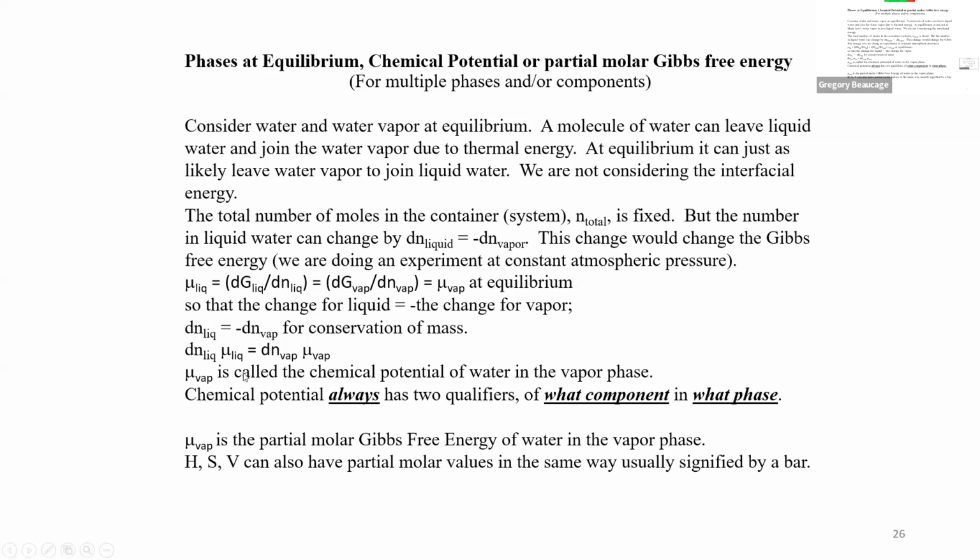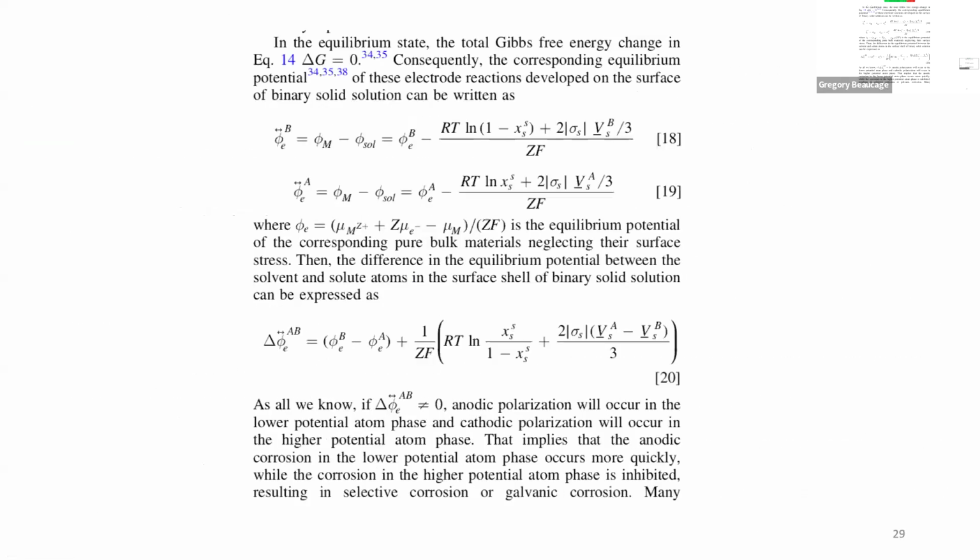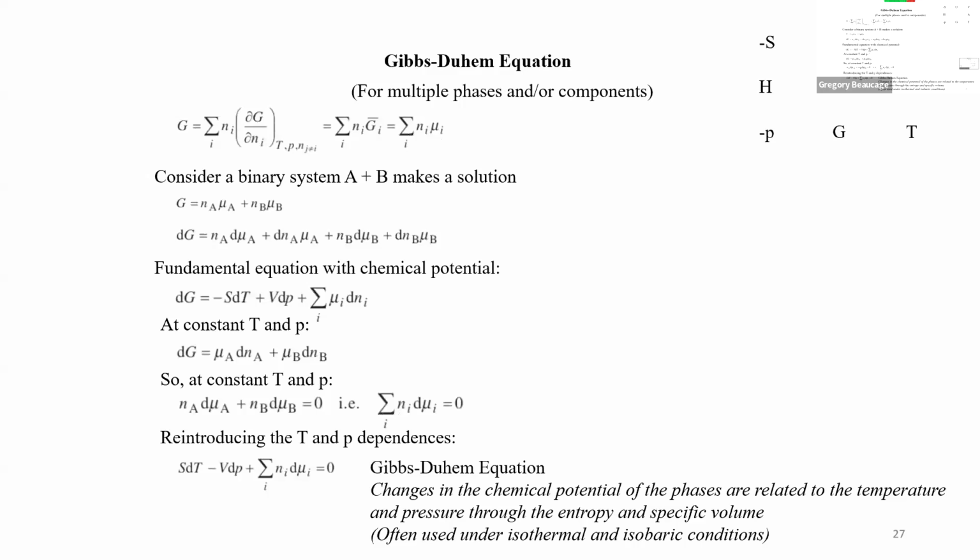So let's see, at an equilibrium point. All right, so that's one thing. Oh, and then this is the last thing in this chapter, the Gibbs-Duhem equation, which seems kind of weird and like a semantic thing, but it ends up being really useful.